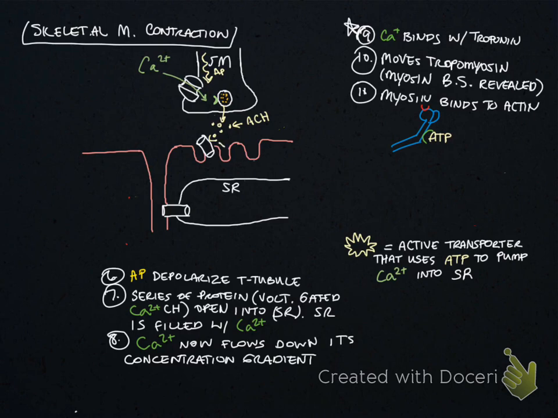It finds its receptor, its nicotinic receptor, on the motor end plate, and that triggers sodium to come into our muscle cell. And once it does, that changes the membrane potential of our muscle cell, and it causes a depolarization wave across our muscle cell, meaning it changes the membrane potential of our muscle cell. And it travels down this special structure. The special structure is called a T-tubule. It helps to distribute this depolarization wave.